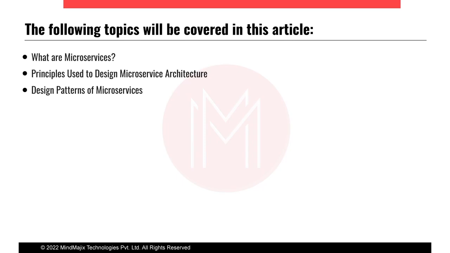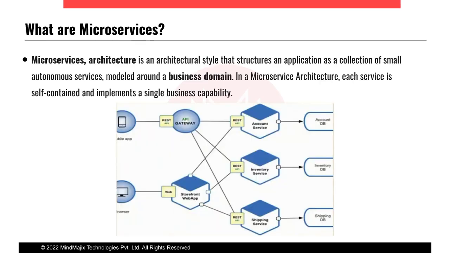I assume you already have some experience creating small projects with Spring Boot or anything else. If you are coming to microservices, it means you have already completed those. Let's say account is a service, inventory is a service, and shipping is a service.